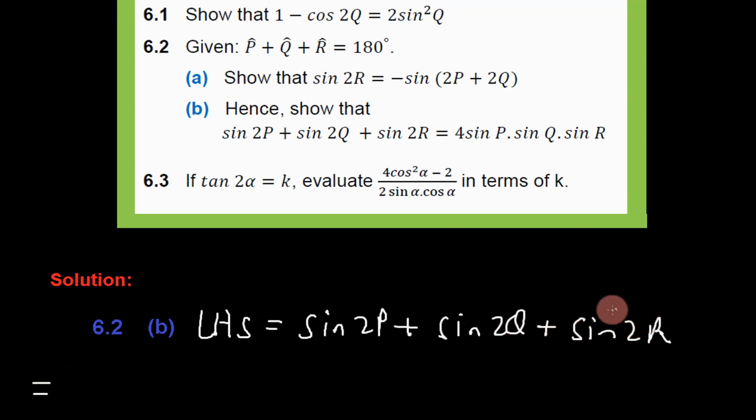Now, we're going to replace the sine of 2r with the right-hand side of the previous identity. So, the left-hand side, and sine 2r we're going to replace with negative sine of 2p plus 2q.